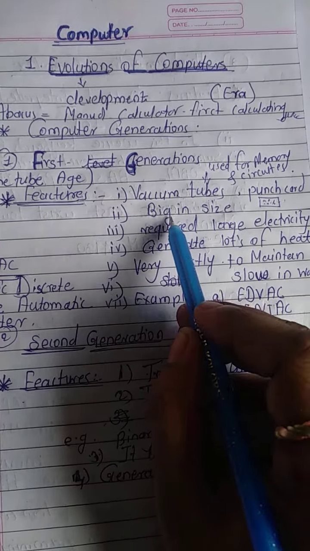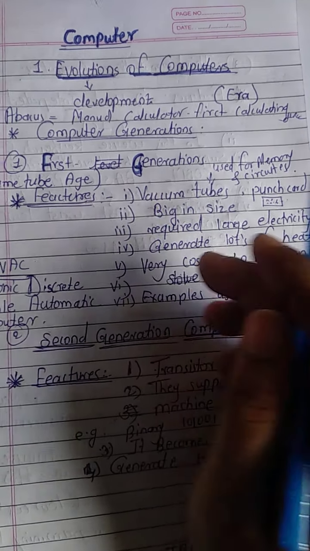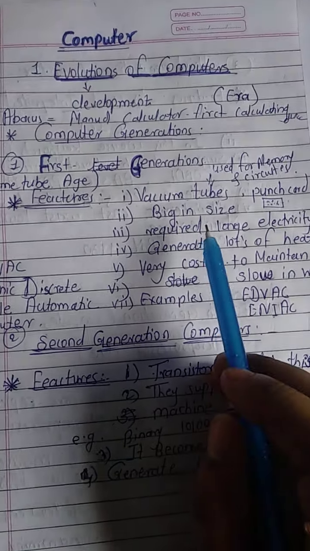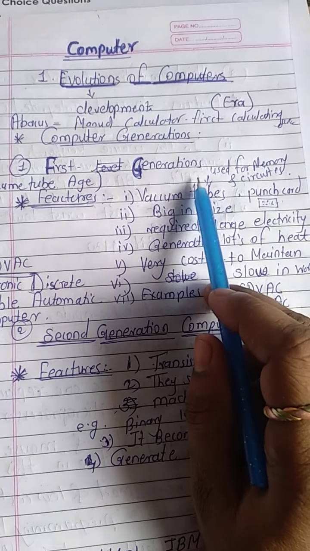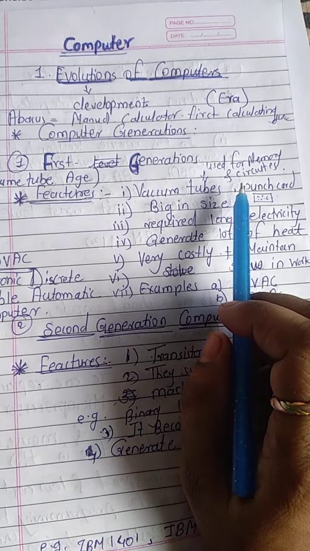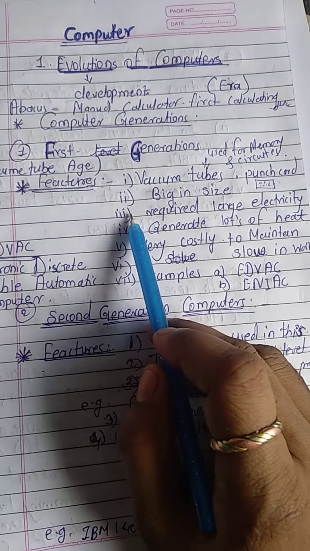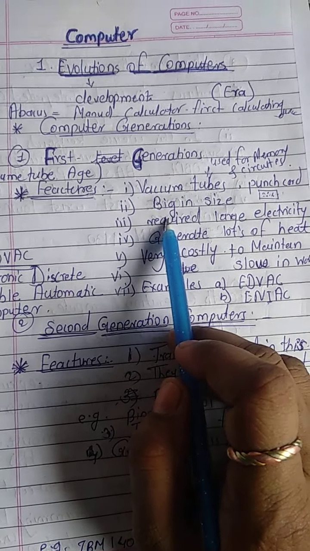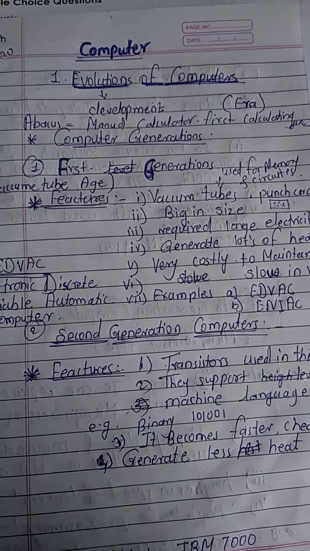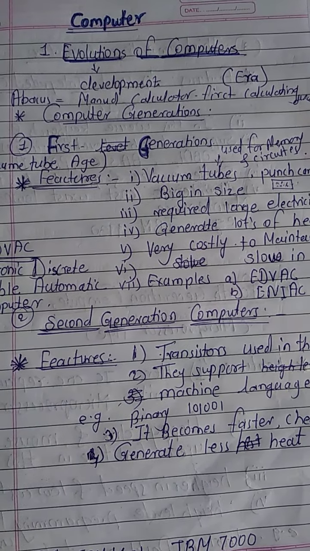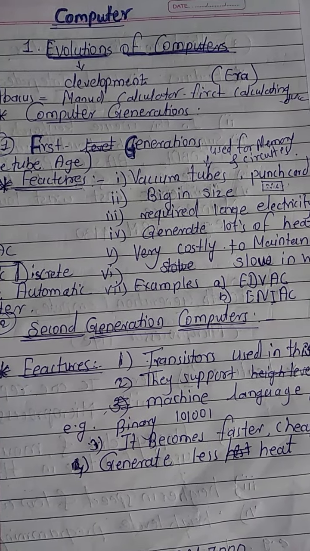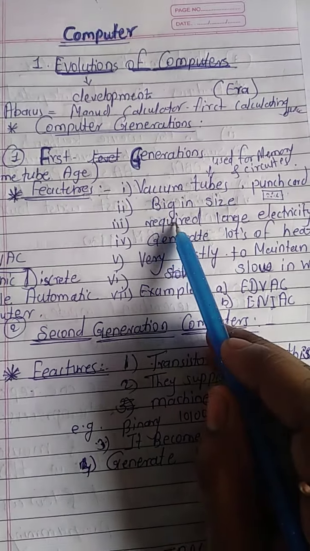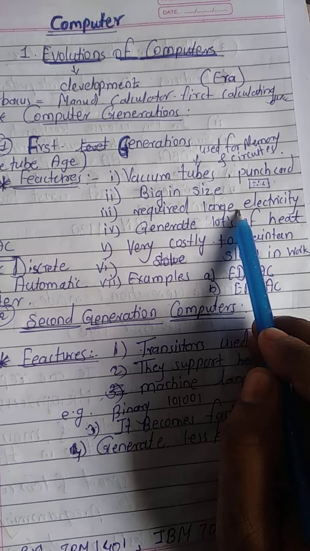The second feature of this computer is that they are very big in size. The size of the computer is like a house. Third feature, can you see? They required large electricity. If there is a very big machine, then it requires a large amount of electricity.